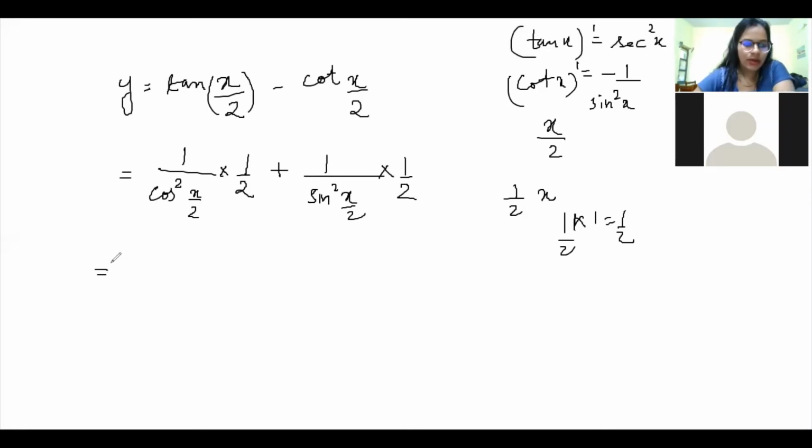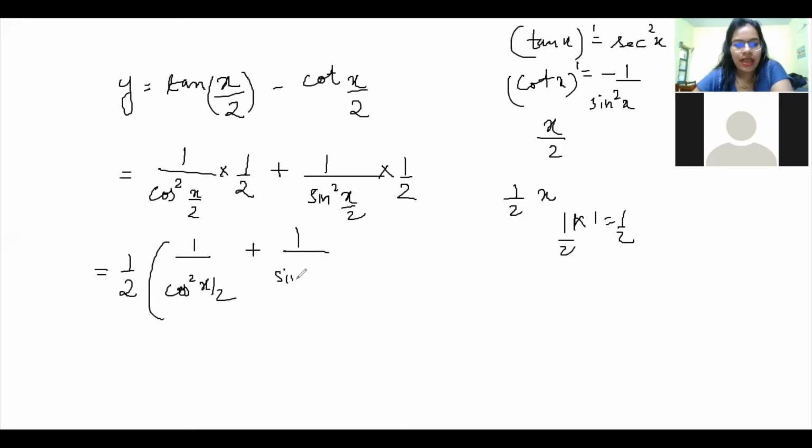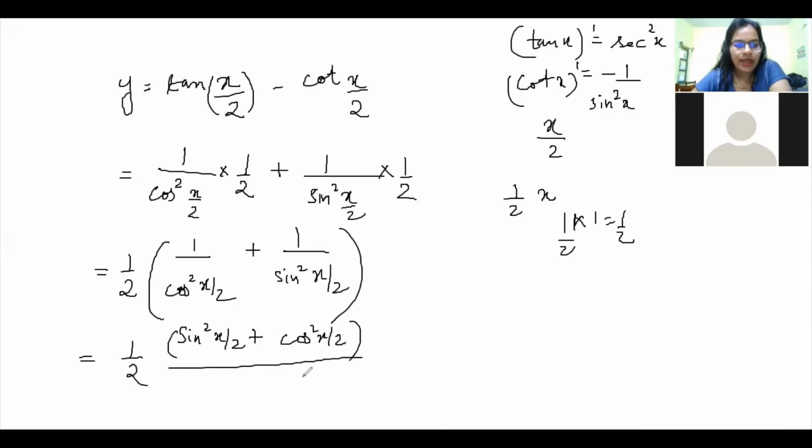Then let's take 1 by 2 common. I have taken 1 by 2 common. Now 1 by cos square x by 2 plus 1 by sin square x by 2. Now take the LCM. So what will I get? Sin square x by 2 plus cos square x by 2 divided by cos square x by 2 sin square x by 2. We also know what sin square x plus cos square x is.